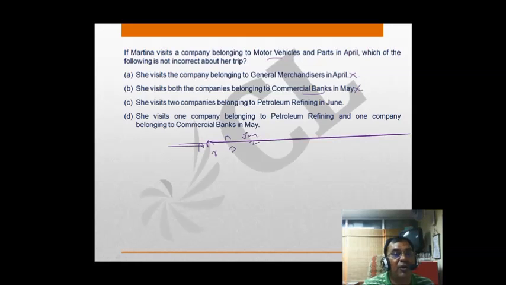So even this is wrong. She visits 2 companies belonging to petroleum refining in June: it is not possible because in June then Walmart has to come, and in June only 2 things are coming. So even this is wrong. So therefore this is the answer.